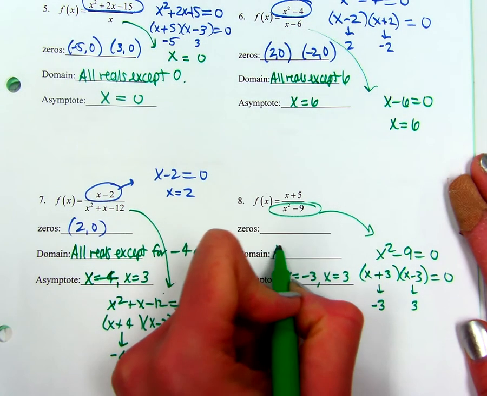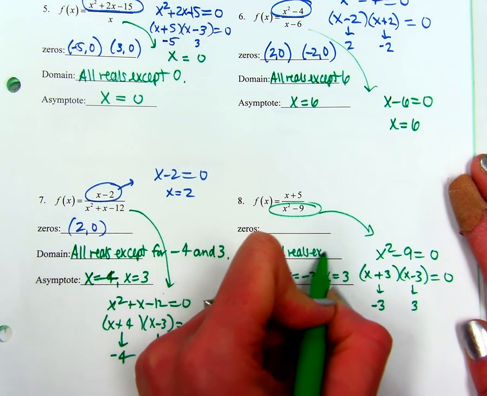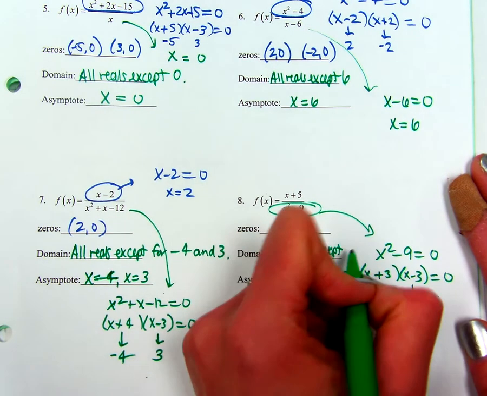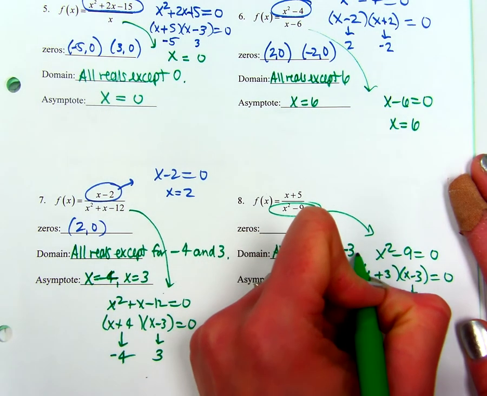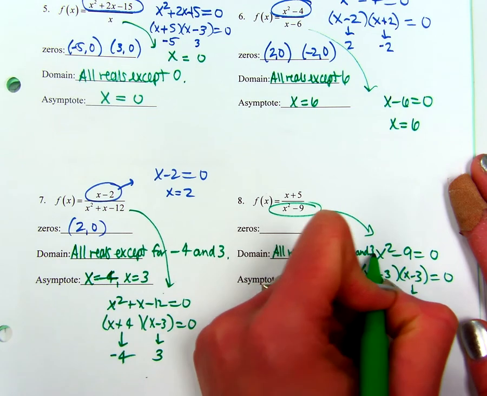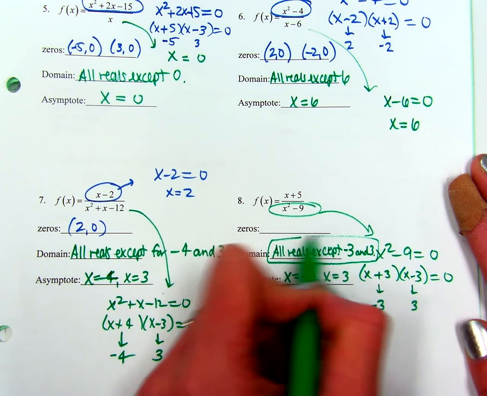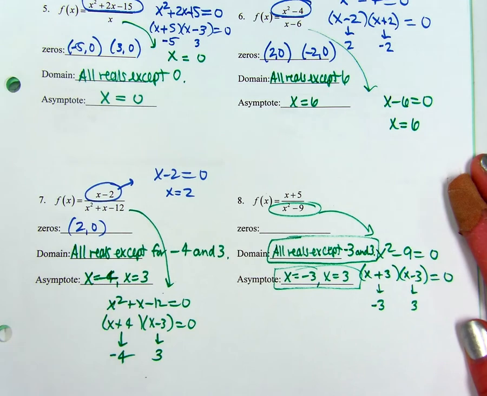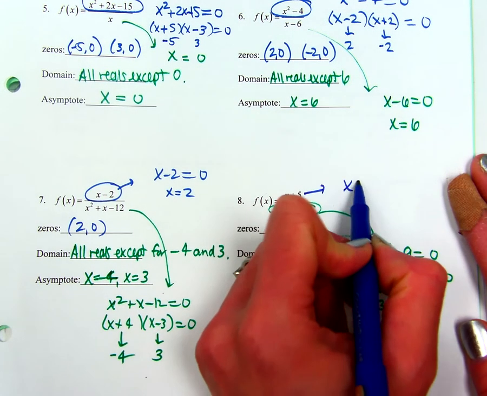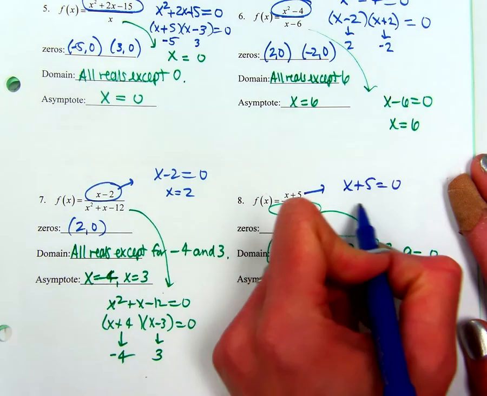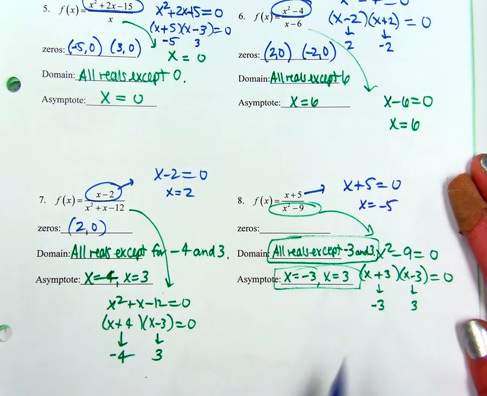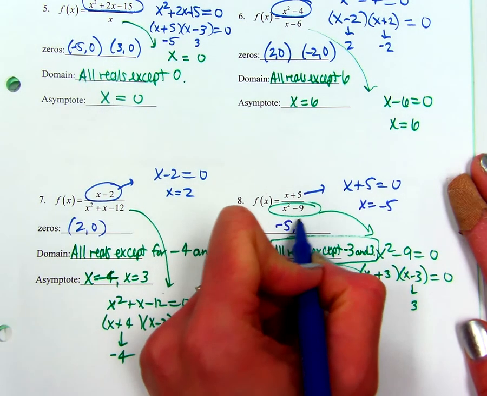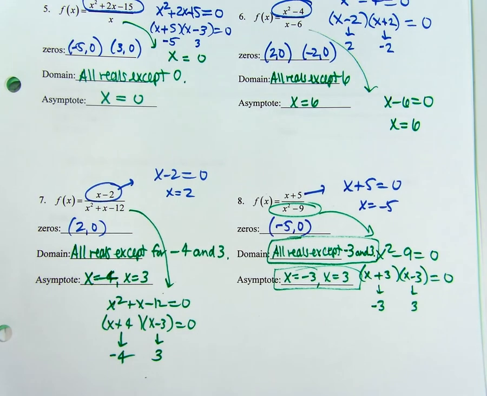When I do my domain, it's all reals except the answers that I got over here, negative 3 and 3. I'm going to circle that just because I had a lot of work there. And then my last thing is look at my numerator. That tells me my zeros or my x-intercepts. When I solve, I get x equals negative 5. So just make sure you put this as an ordered pair, because that's the point where the graph crosses the x-axis. And we're all done.